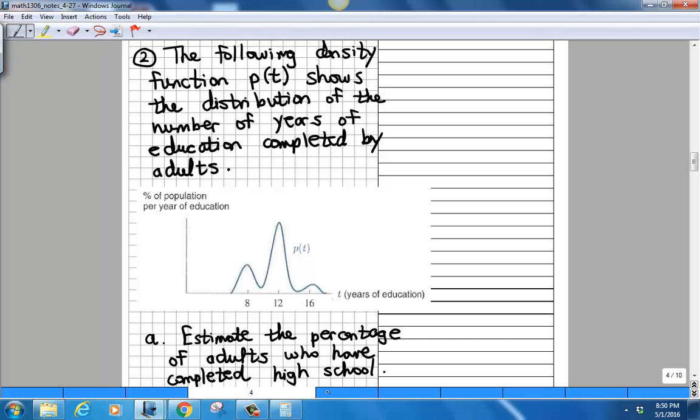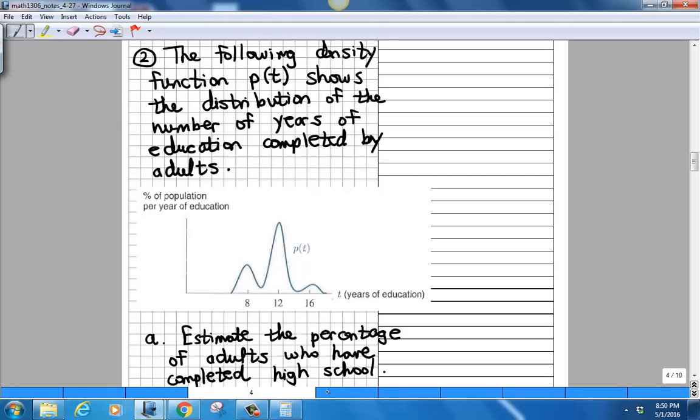This density function shows the distribution of the number of years of education completed by adults. So the population represented under this density function is the population of adults, okay? And the quantity graphed along the horizontal axis here is number of years of education.